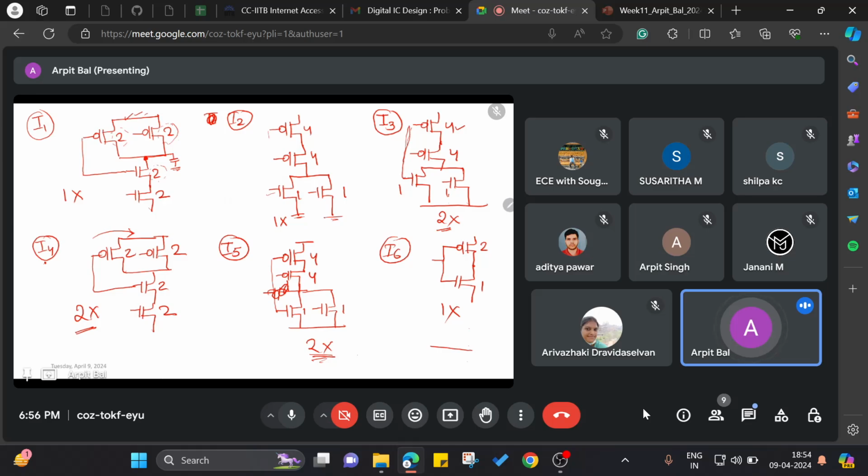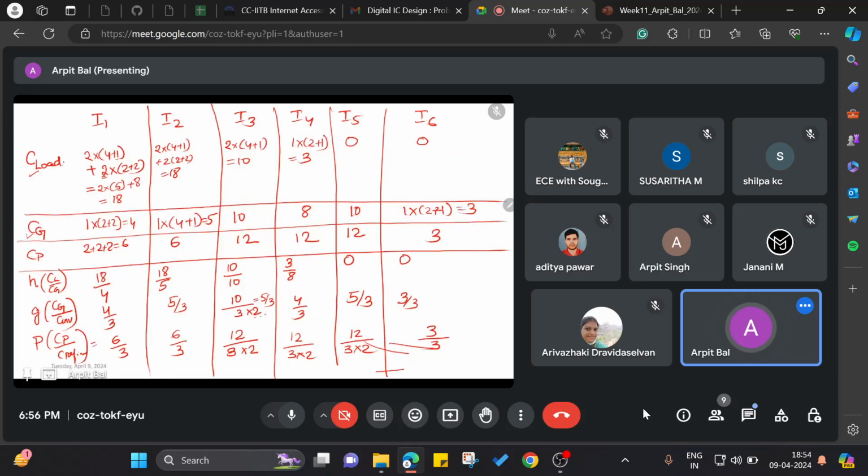From these reference diagrams we construct the table to figure out the critical delay. We find the C load for each gate, using the information that I5 and I6 C load is 0. For the other gates I1, I2, I3, I4, we compute the C load, the C gate, that is the gate capacitance, and the C parasitic at the drain of each gate.